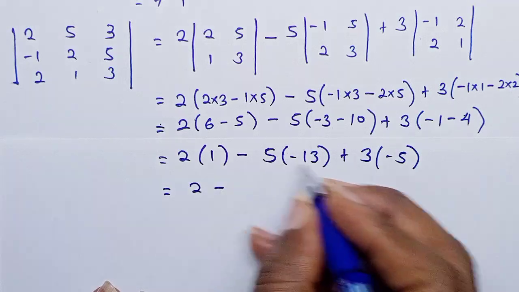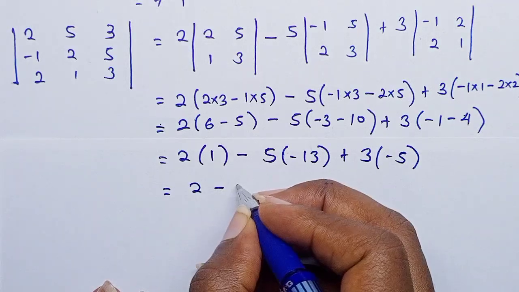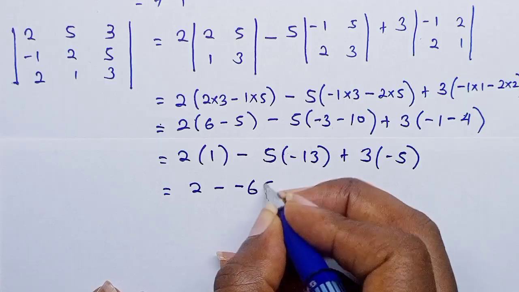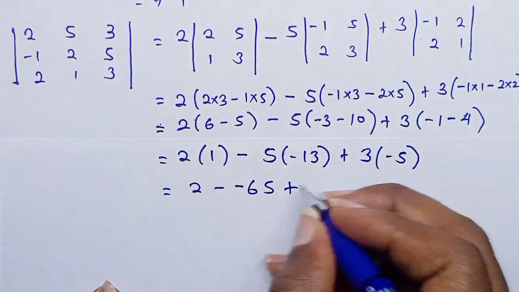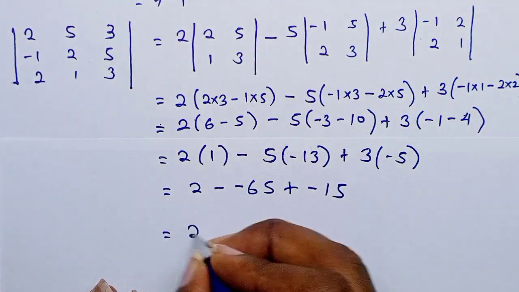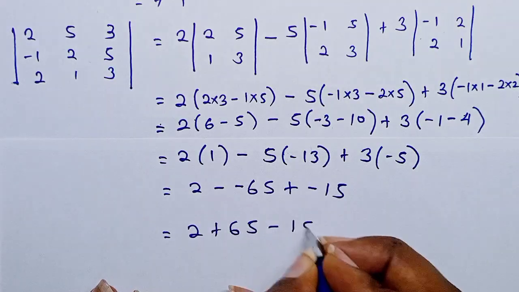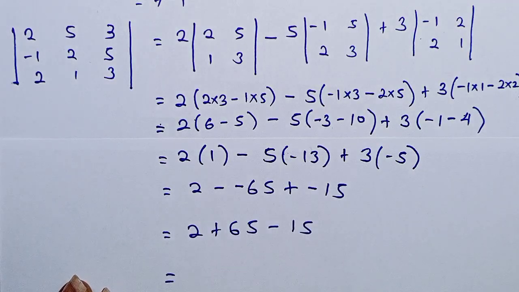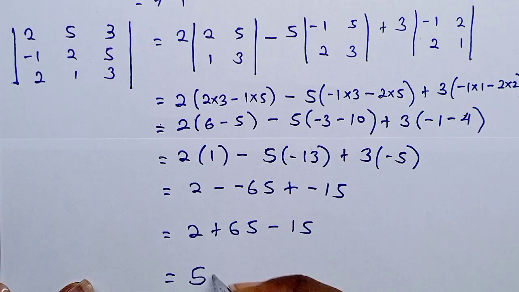This is 2, minus 5 times negative 13 is negative 65, plus 3 times negative 5 is negative 15, which would be 2 plus 65 minus 15, giving us 52. So we found the first and the third.